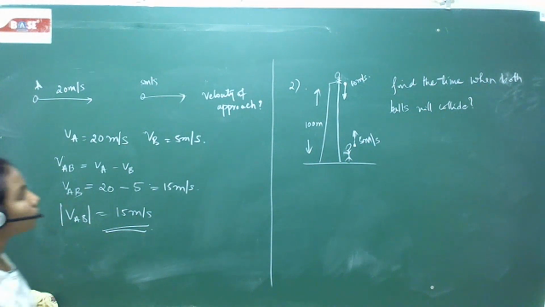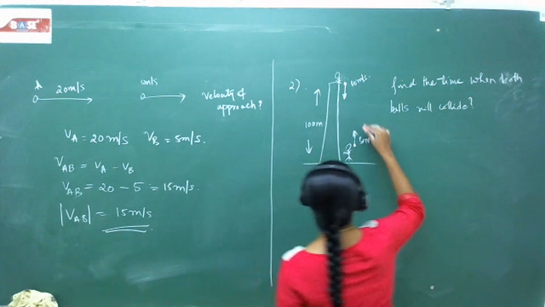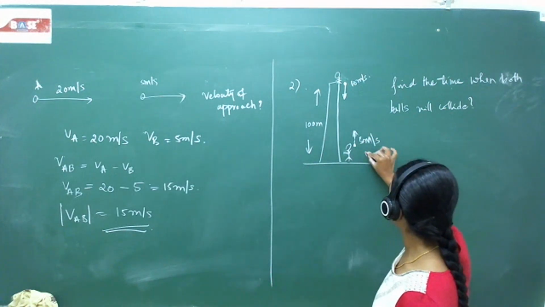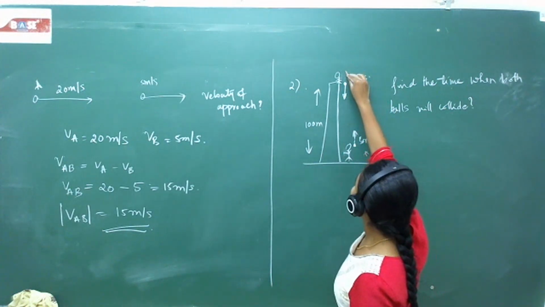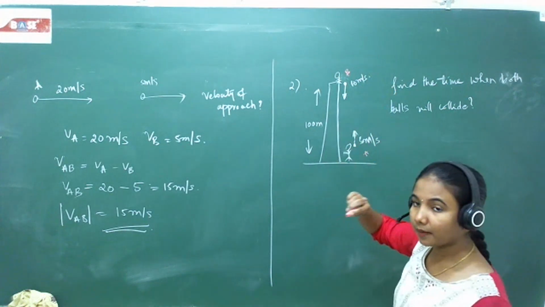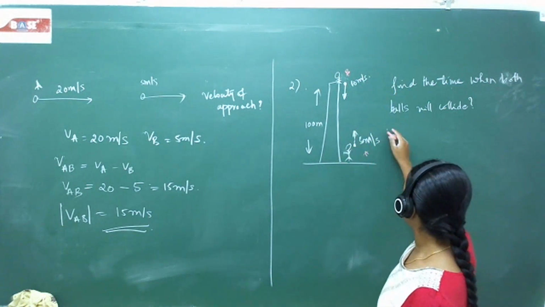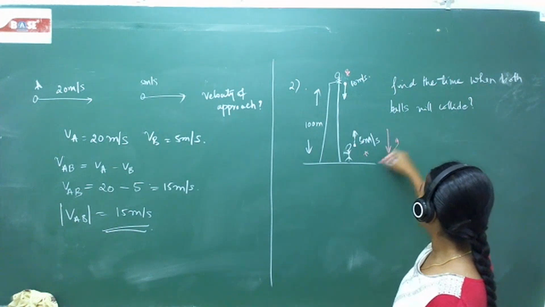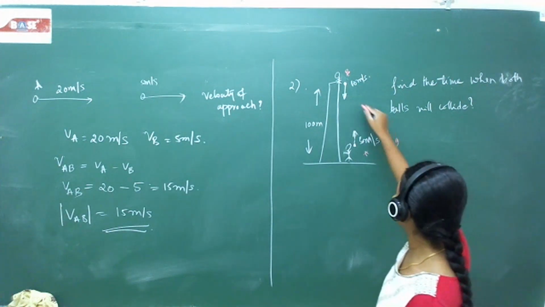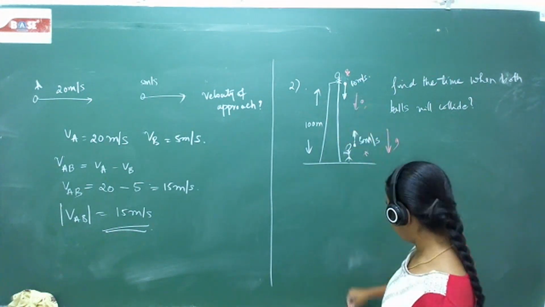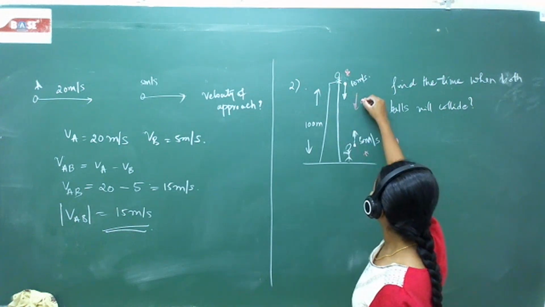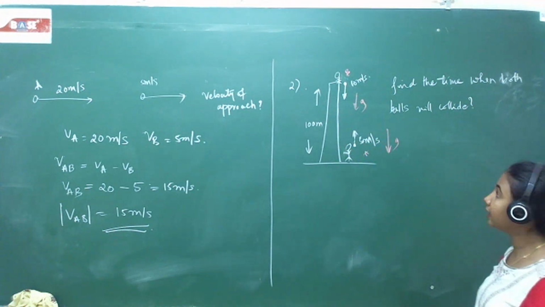Here in both the cases, if you take this as A and B, the acceleration due to gravity is downward for this ball. G is downward, right?